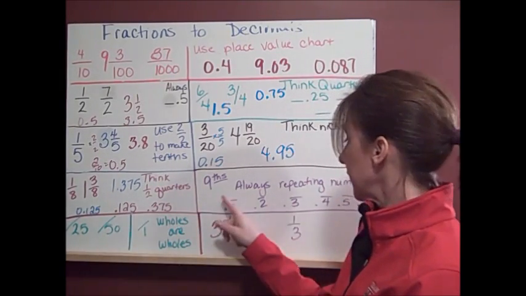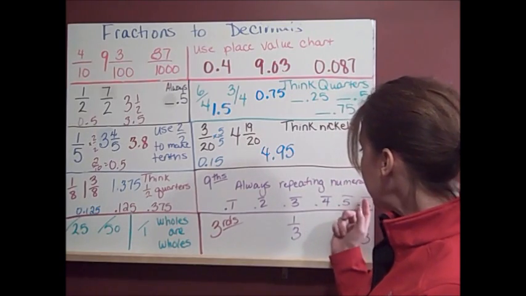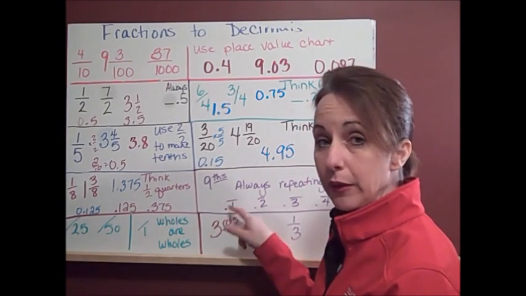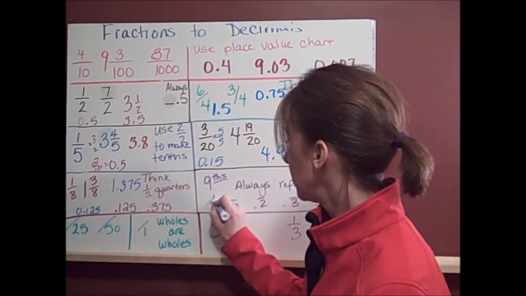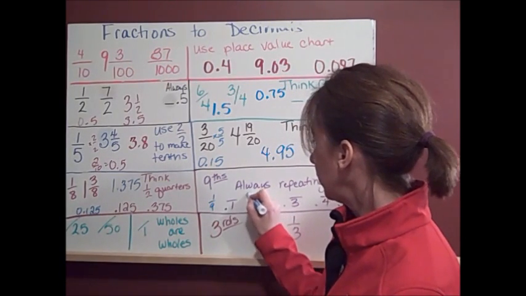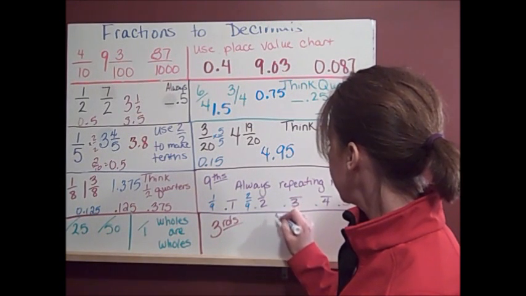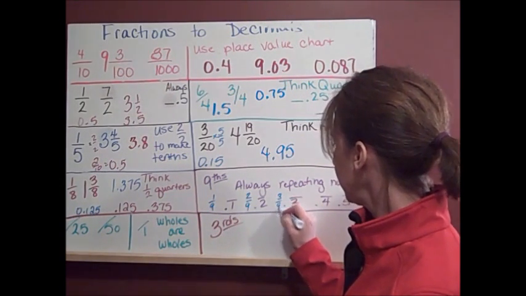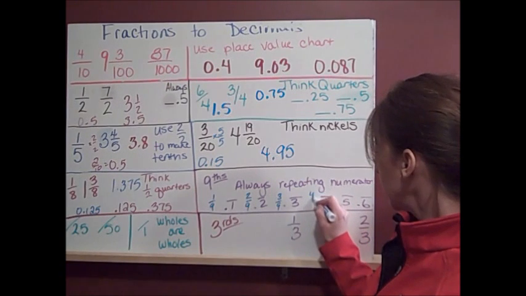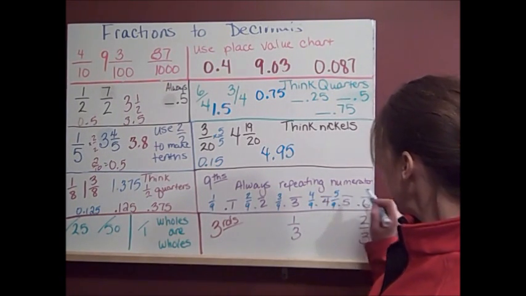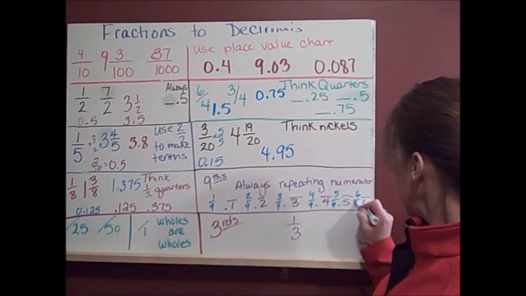Ninths are my favorite denominators because they're always the repeating of the numerator. So this decimal, 0.1 repeating, is 1/9. 0.2 is 2/9. 0.3 is 3/9. 0.4 repeating is 4/9. 0.5 repeating is 5/9. 6/9.